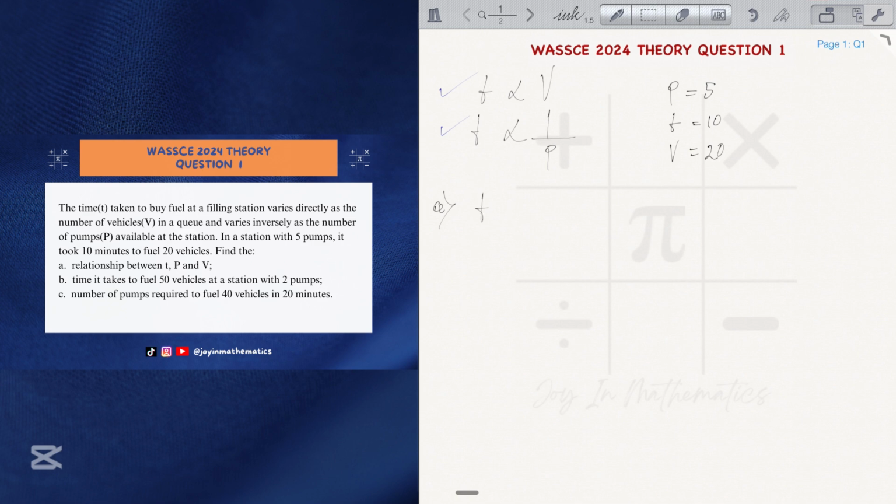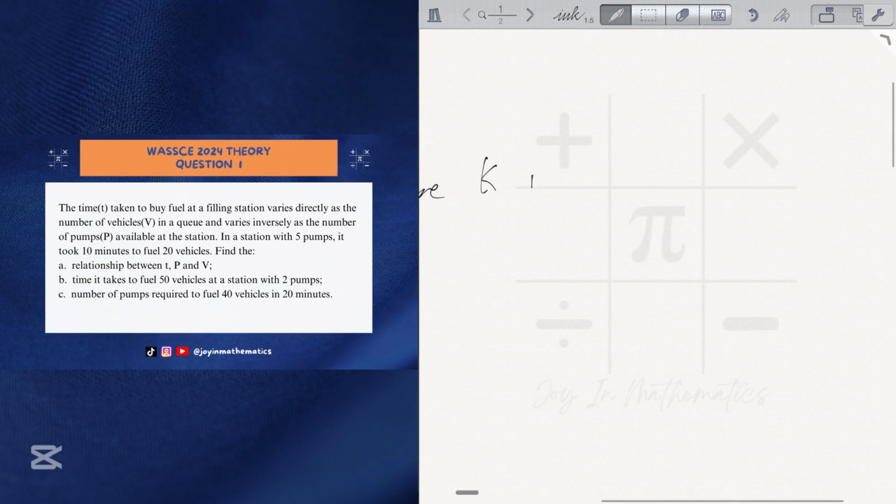So to find the relationship between T, V, and P, we'll just combine these two expressions together. So this becomes T proportional to V over P. The next thing is to remove the proportionality sign, and that means we'll introduce the constant of proportionality K, so T equals K V over P, where K is equal to the constant of proportionality.